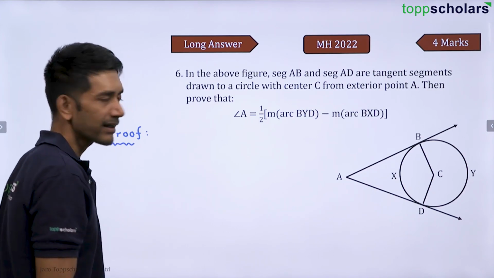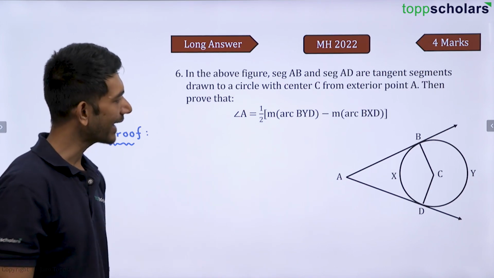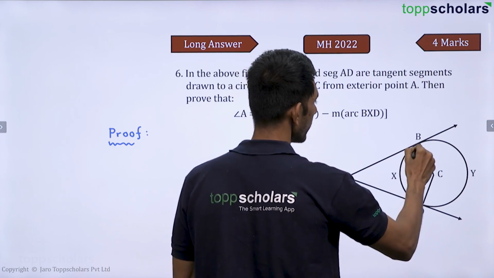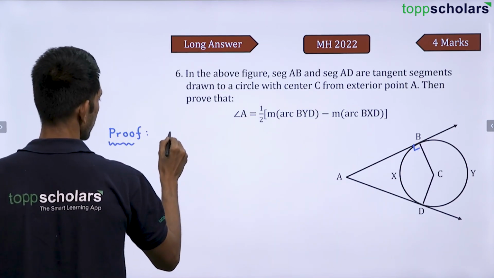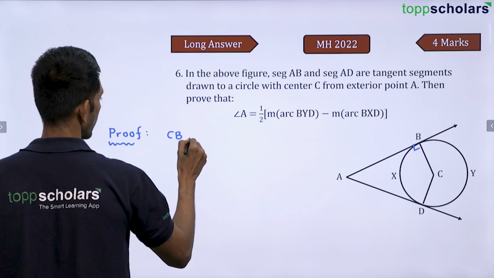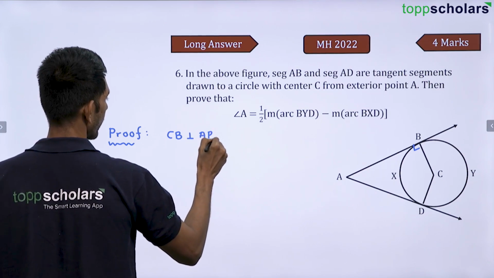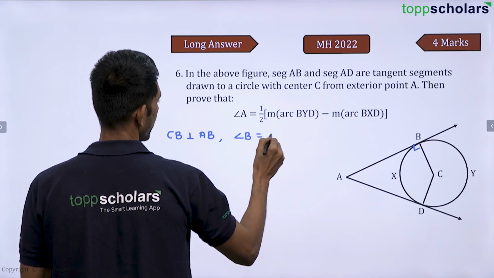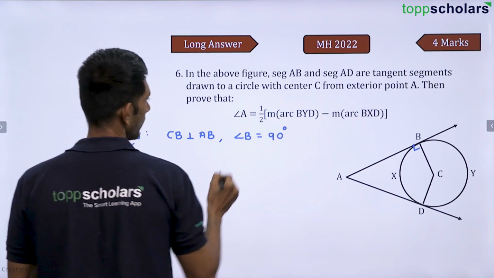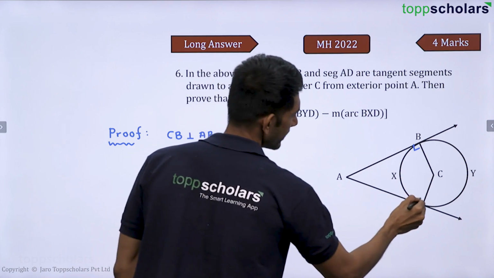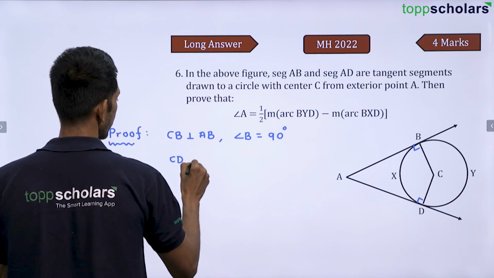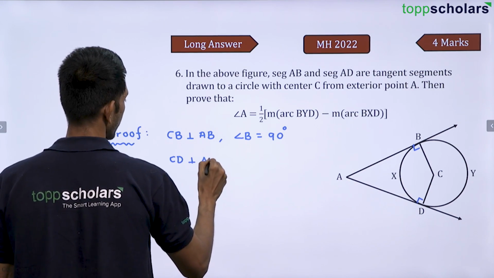Now if you observe very carefully, we are going to focus on angle A. But before that, can I say CB is perpendicular to AB? That is, can I say angle B is 90 degrees? Similarly, can I say CD is perpendicular to AD?